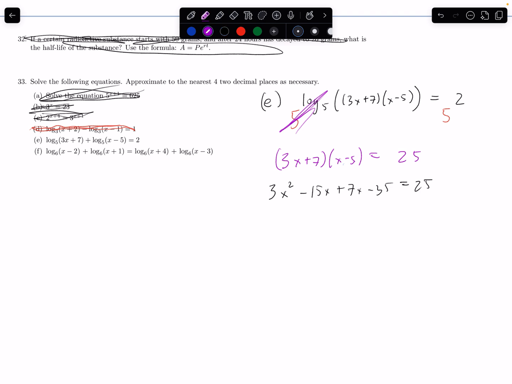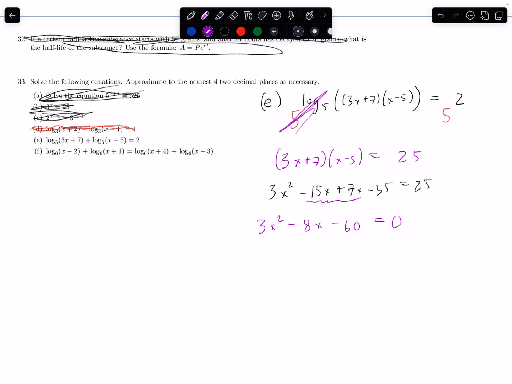So subtract 25 on both sides. Actually, no, I'm sorry. Let's combine these guys. Negative 15x plus 7x. That's negative 8x. And then minus 35 minus 25 is minus 60. Equal to 0.